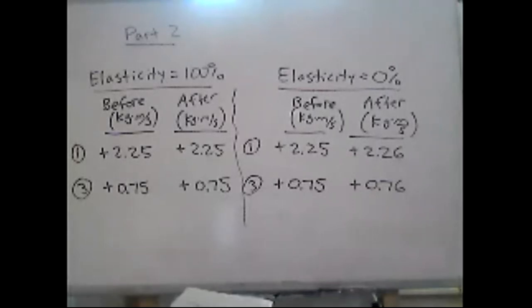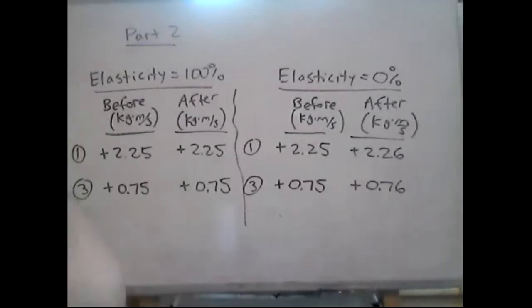That is part of the queries. It's really important to understand this. If you go to the very last page of the lab, query 5 says, if the momentum of a system is conserved, is the momentum of each particle in the system necessarily conserved?